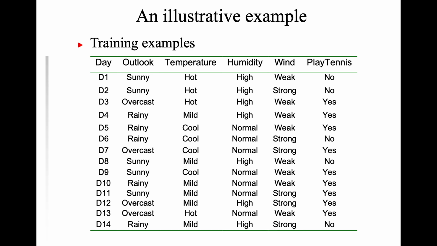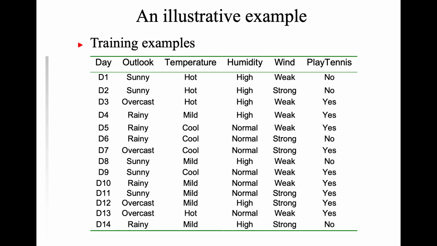So how many instances of overcast do you have? 1, 2, 3, 4. So all 4 of the overcast instances belong to the class label yes. So do we need to further branch out this attribute here? No, because all of them belong to the same class.